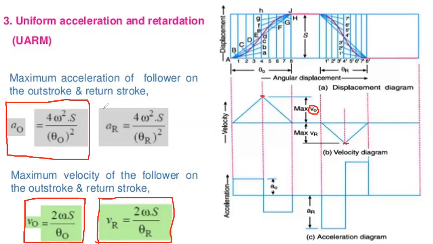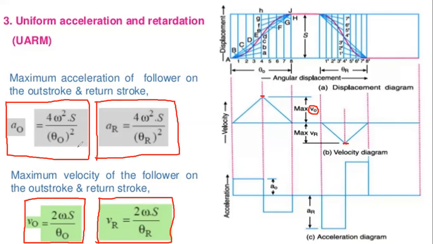And for the return stroke, acceleration of r is equal to 4 into omega square s by theta of r whole square, where theta r is the angle for the return stroke.